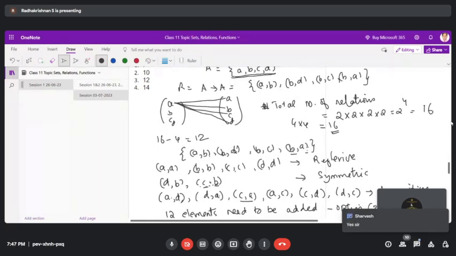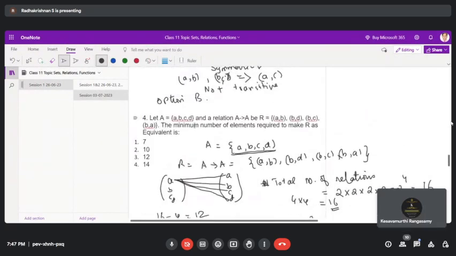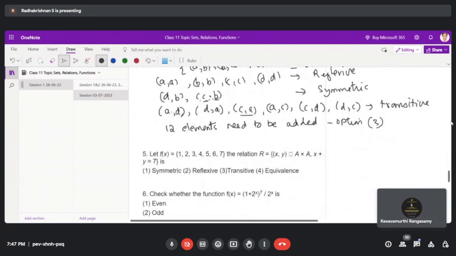Okay. So now we have solved 4 of the problems, right? So the remaining, continue in the same way. They are not very difficult. They are very similar only: counting the number of functions, checking what type of function, and so on. So you should be able to do it.